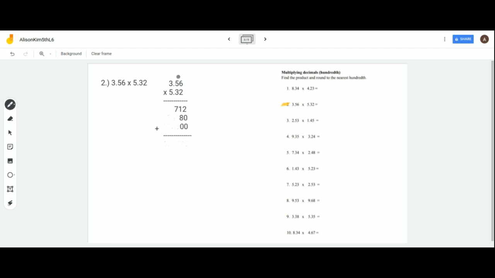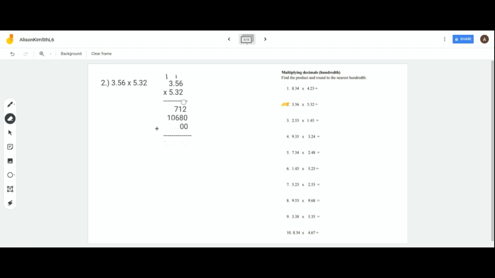So 18, and we put the 1 right here. 5 times 3 is 15. 15 plus 1 is 16. So we put the 6 right here. And we move the 1 right here again on top of the 3. And 3 times 3 is 9. 9 plus 1 is 10. So your final answer for your second row will be 10,680.